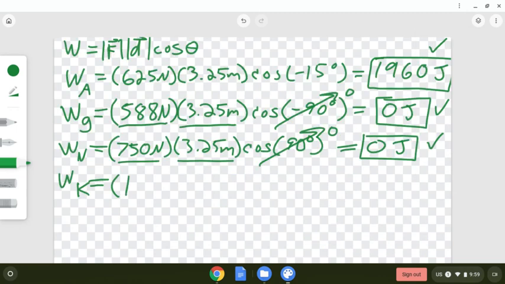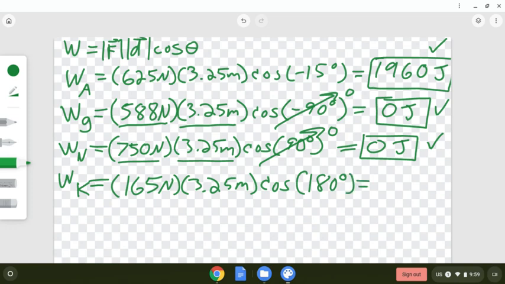So our force, 165 newtons, displacement, 3.25 meters, times cosine of 180 degrees. So this time we have some positive number times some positive number times cosine of 180, which is actually negative 1. So we're going to end up with a negative number here. And it's going to actually be negative 536 joules.